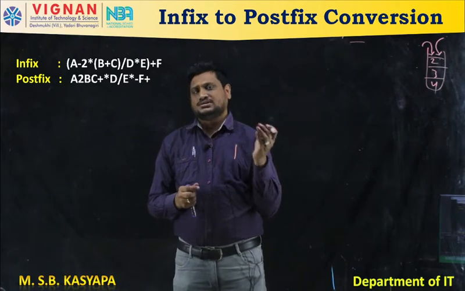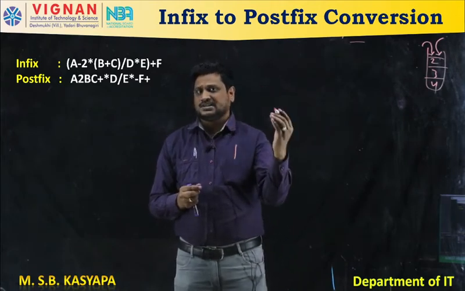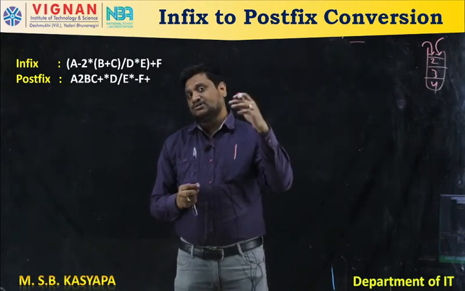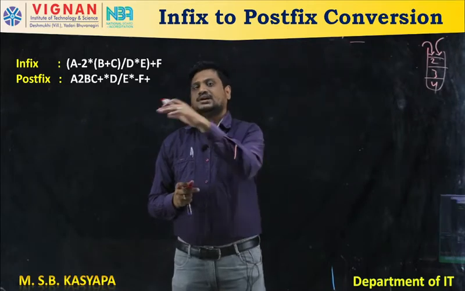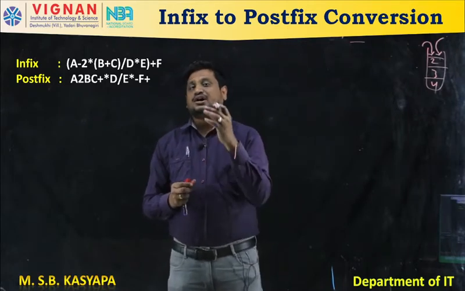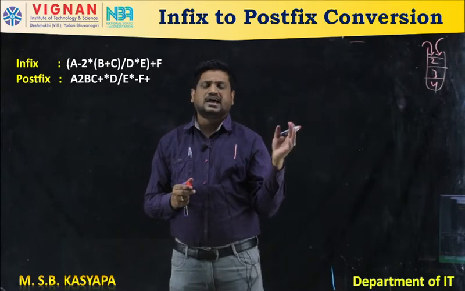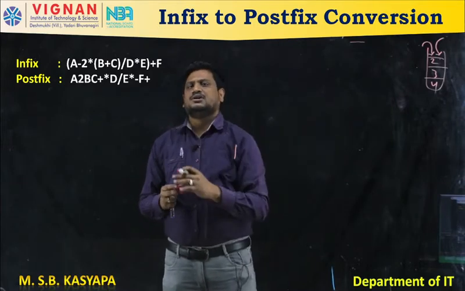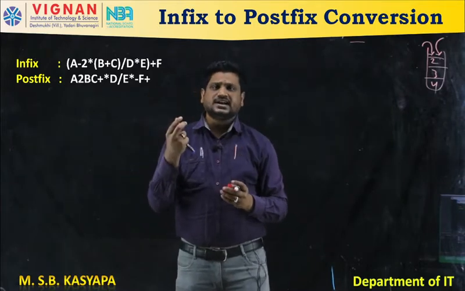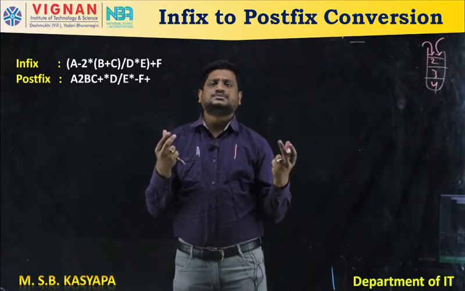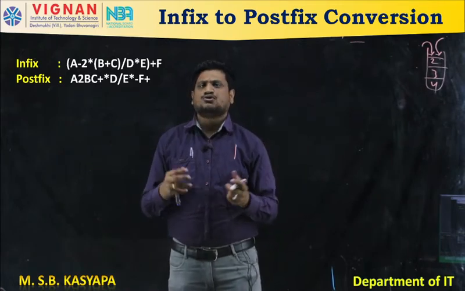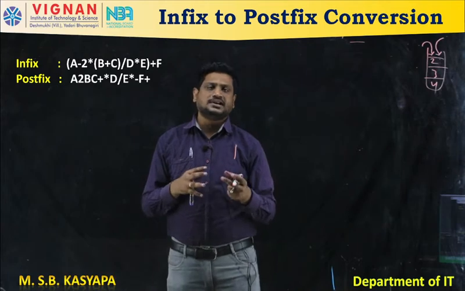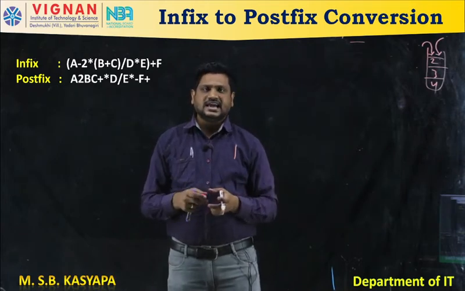Operators explain the operations to be performed on the operands, and the operands explain on which data the operations are performed. So, operands hold the data, operators explain the operations, and a combination of operands and operators is an expression.